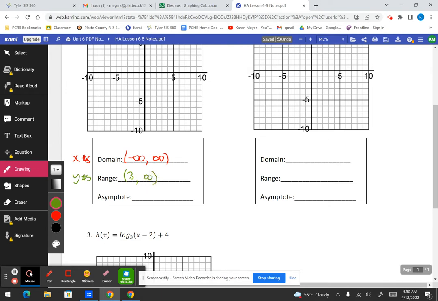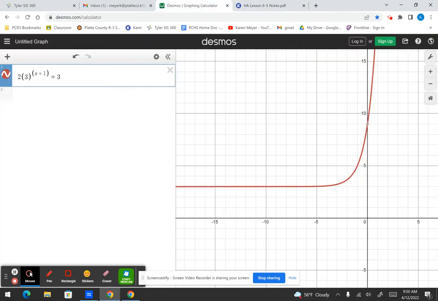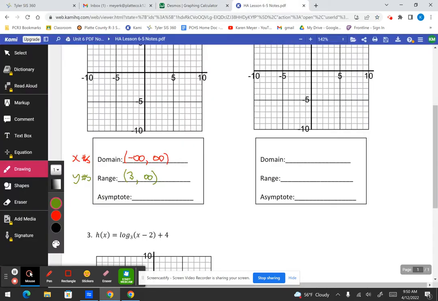And then your asymptote, well, asymptotes are lines that the graph gets really close to. They can be horizontal or vertical. And in our case, you would want a horizontal line right here. And you would want to say that it is y equals 3, because remember we just talked about how it wasn't ever going to touch 3. It was going to get awful close to it, but not actually touch it.